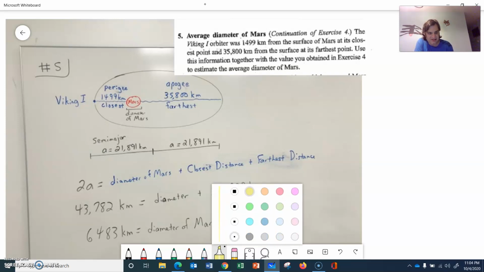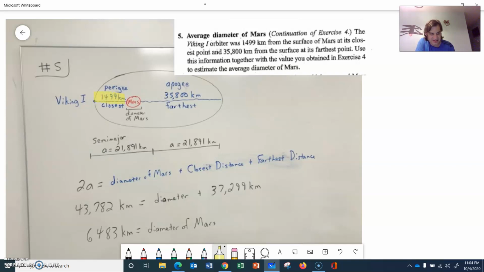And what we know is the orbit of a satellite around any planet or sun is an ellipse. And in this case, the closest it ever got to Mars was 1499 kilometers. That's the closest. Another name for that is the perigee. And it says it was 35,800 kilometers from the surface of Mars at its furthest point.